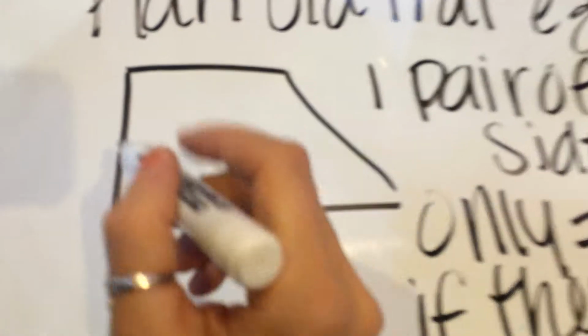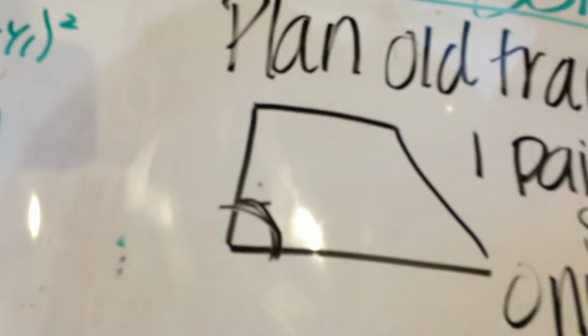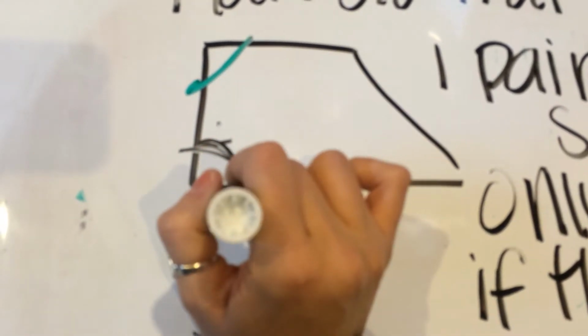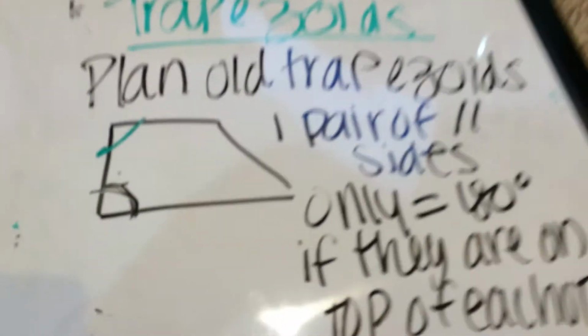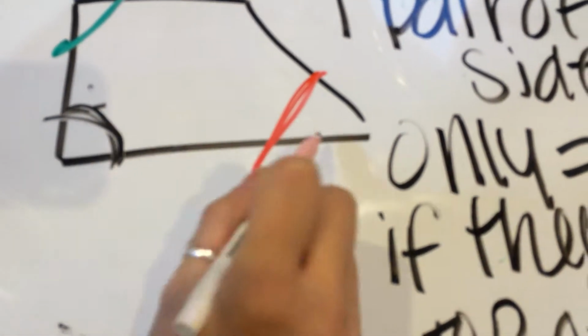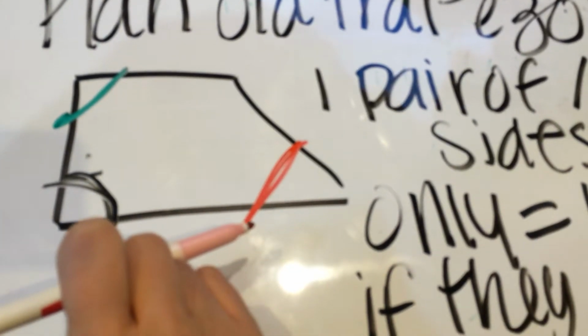And what I mean by that is, here's my little picture, if they're giving us these two angles, my green and my black, those two add up to 180 degrees. If we were given my black and my red, these two, nothing in common. They're not even related to each other. They don't like each other. All right, only if they're on top of each other.